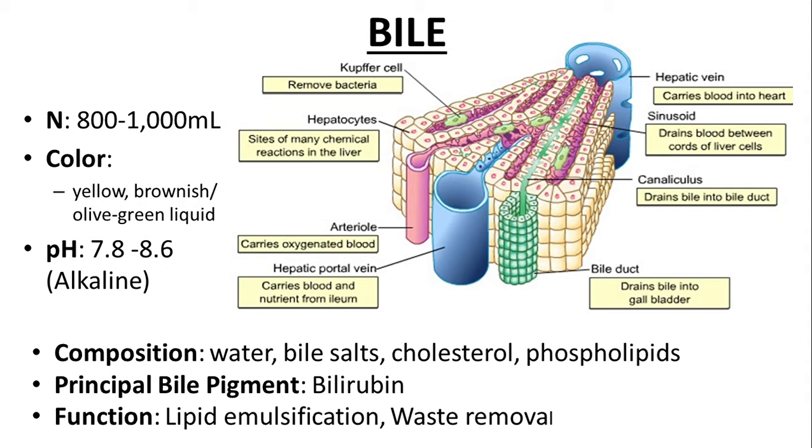So bilirubin is what gives its yellow, brownish, olive green liquid color. And eventually, si bilirubin will be broken down into stercobilin, which is what will give color to your poop, and urobilin, which is what gives color to your urine. So function of bile are for lipid emulsification and waste removal.